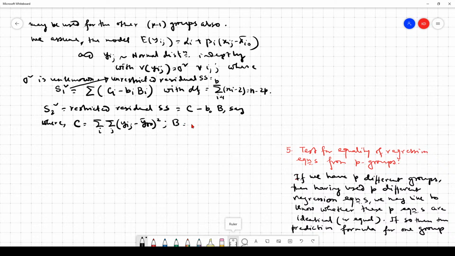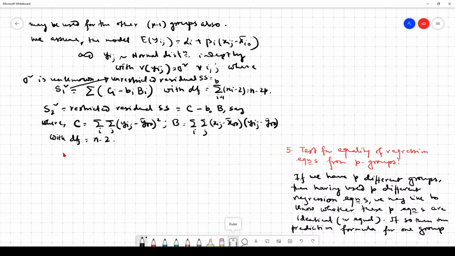Capital B is equal to double summation ij of Xij minus X naught bar times Yij minus Y naught bar, with degrees of freedom equal to n minus 2.